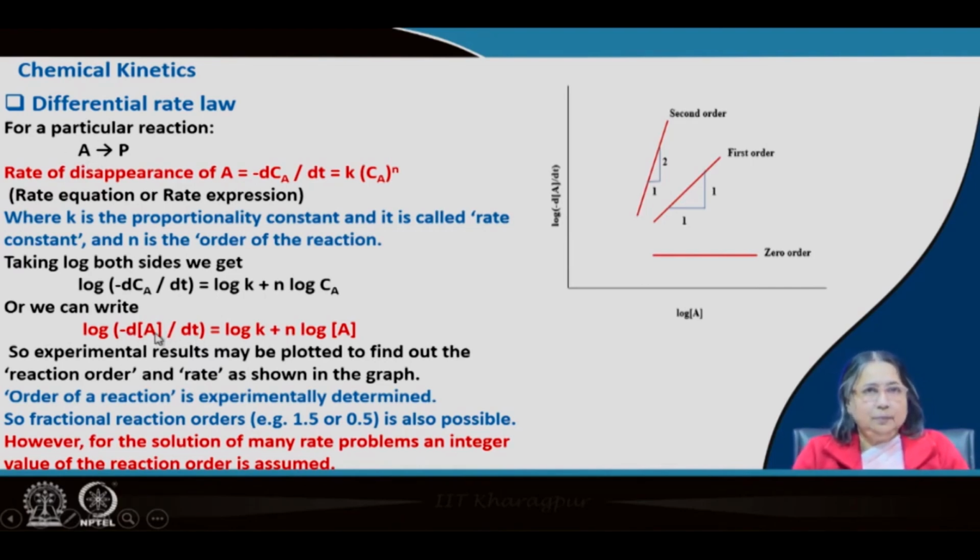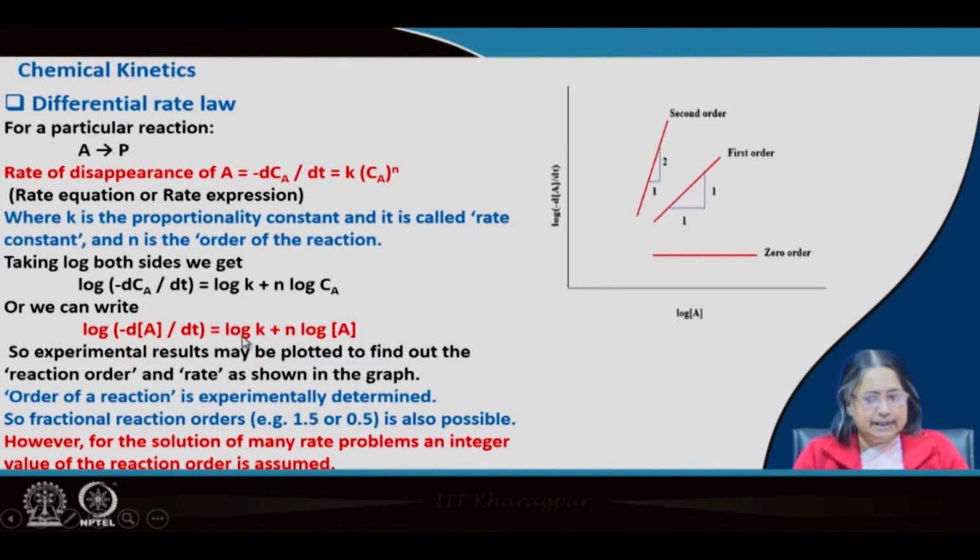So, if you can determine these values experimentally, and log A, at different concentrations of A, then if you plot log A on the x axis and log(-dA/dt) on the y axis, then depending on the order of the reaction, you will get these curves.